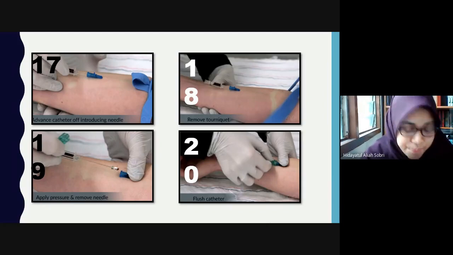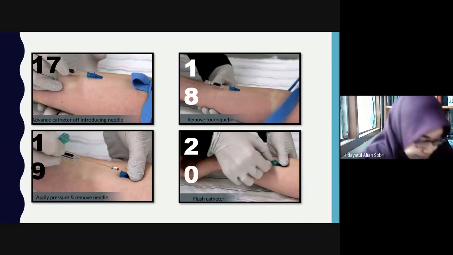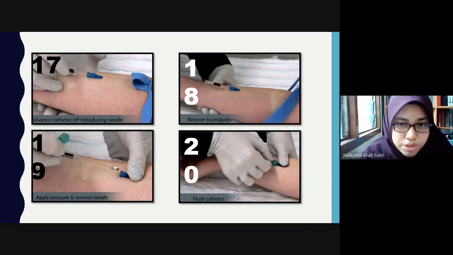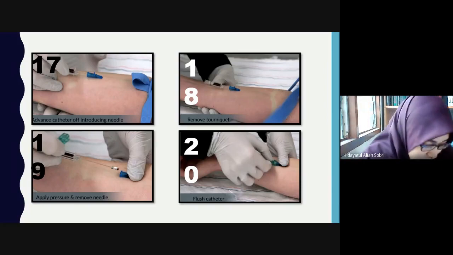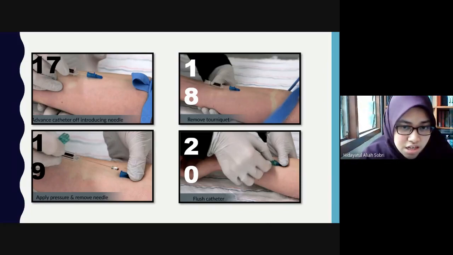After that, we attach the T connector to the cannula and flush the saline to look for any sign of infiltration. I will explain the signs of infiltration in the next slide on complications. Next slide.